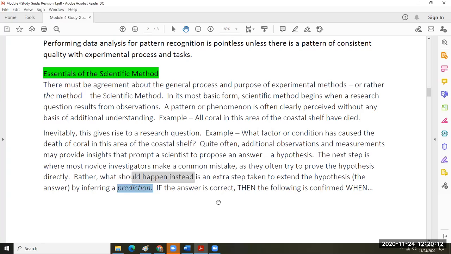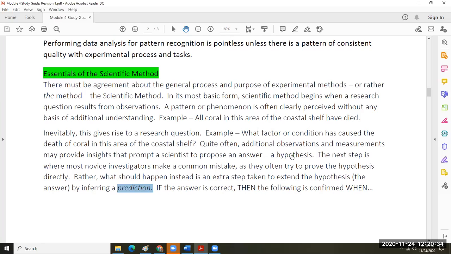Well, what am I saying? If you have an answer and you say, I know that when the temperature gets too warm, that's what's killing the coral, then I'm going to predict that if we observe coral in seawater above this temperature, the coral dies within X amount of time.